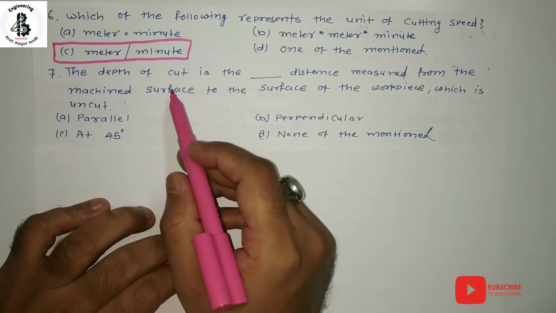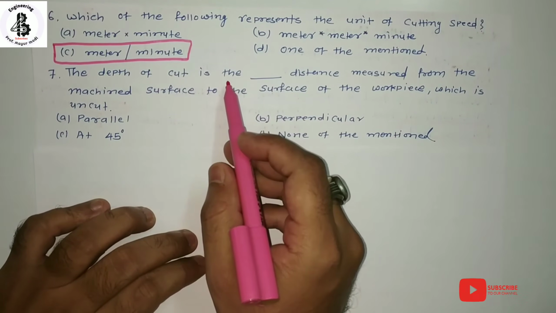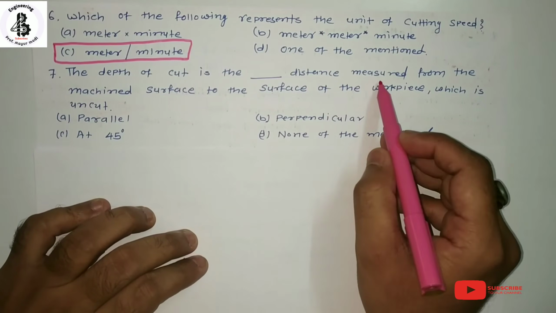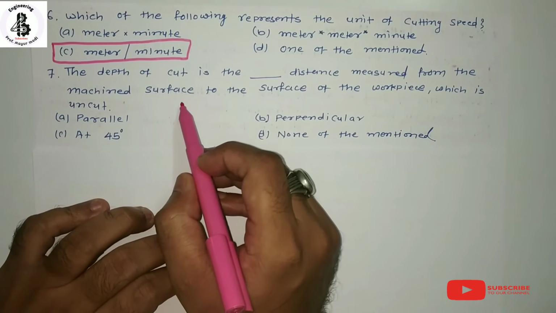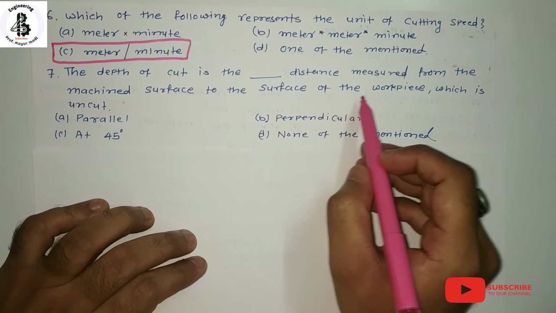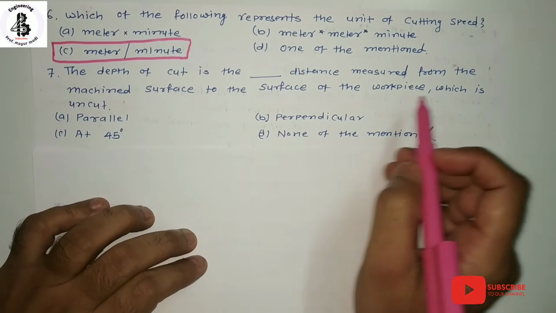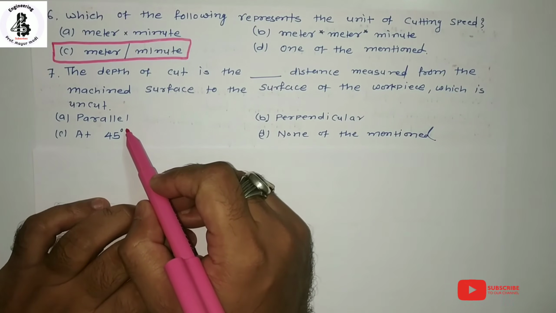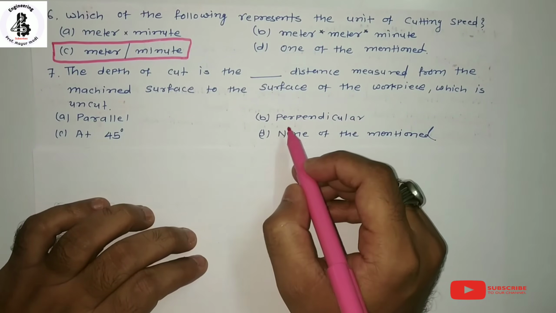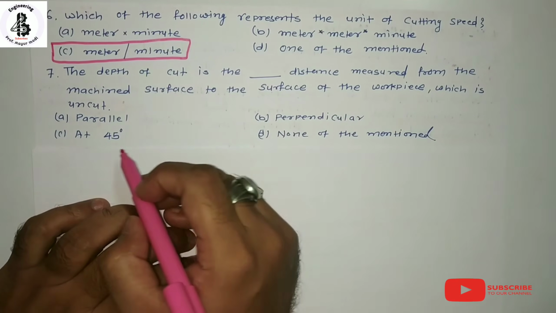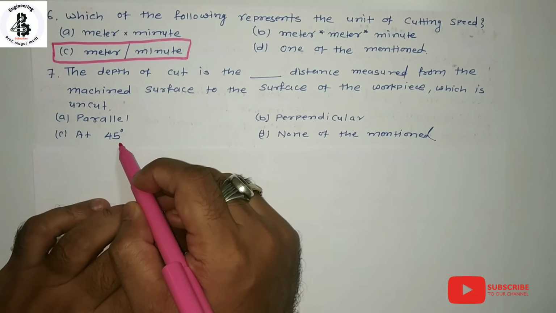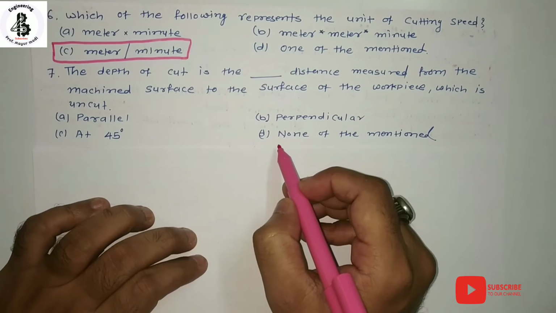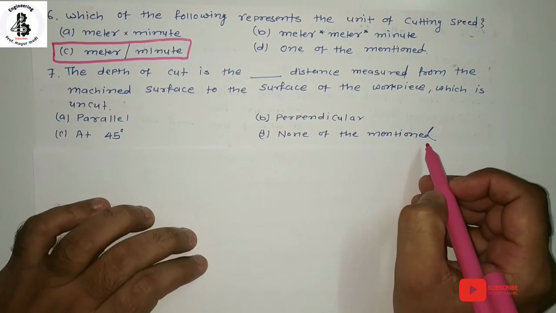The depth of cut is the distance measured from the machined surface to the surface of the workpiece which is uncut. So option A, parallel; option B, perpendicular distance; option C, at 45 degree; and option D, none of the mentioned.